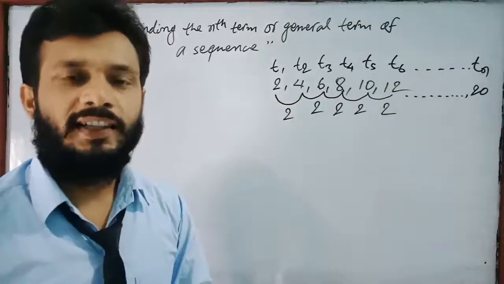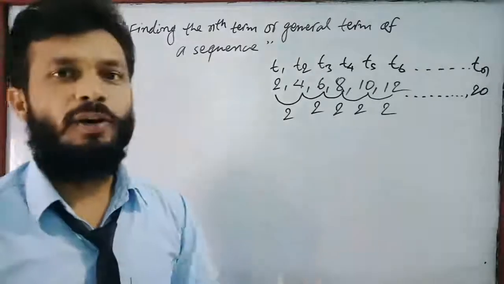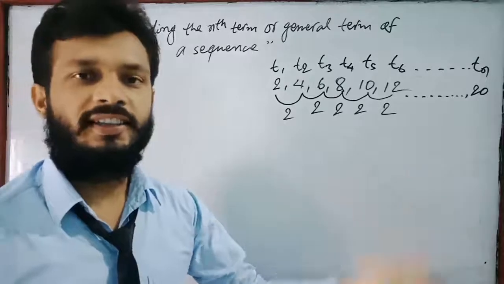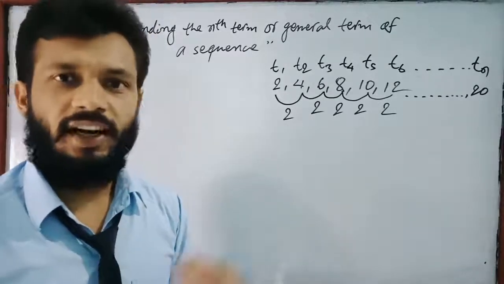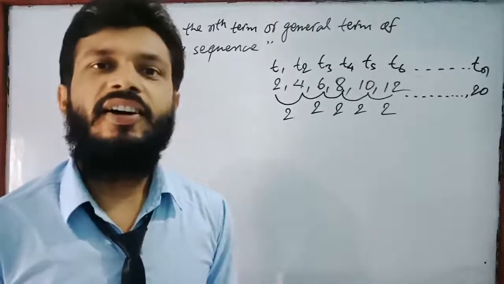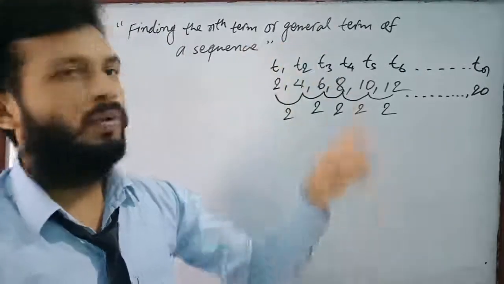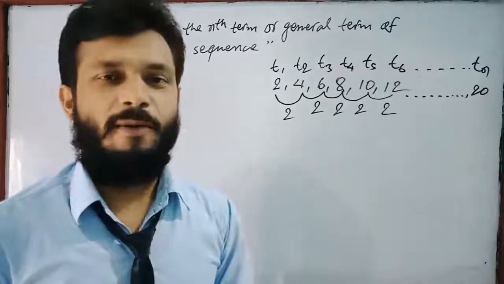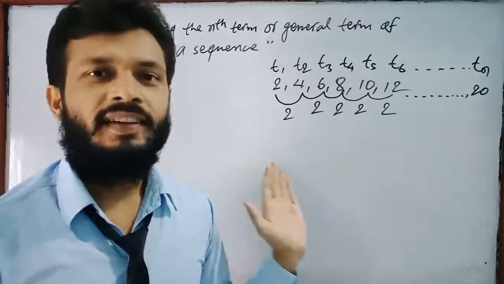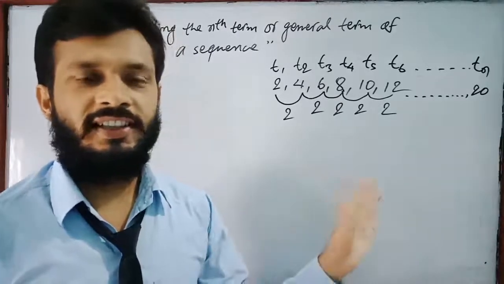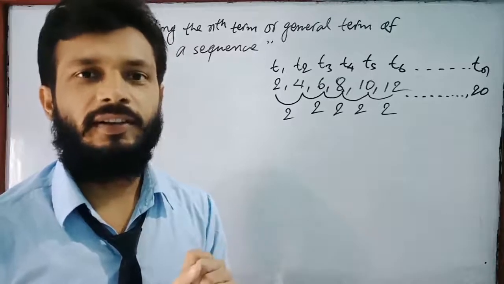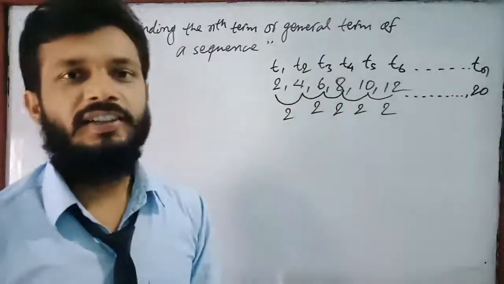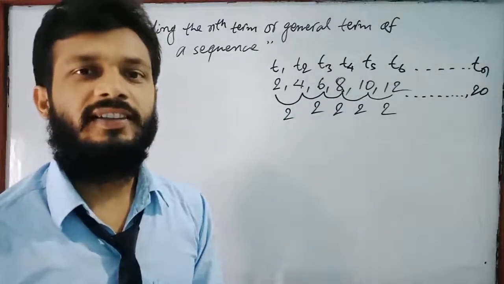A sequence in which each term is increased or decreased by a fixed number is called a linear sequence or an arithmetic sequence.